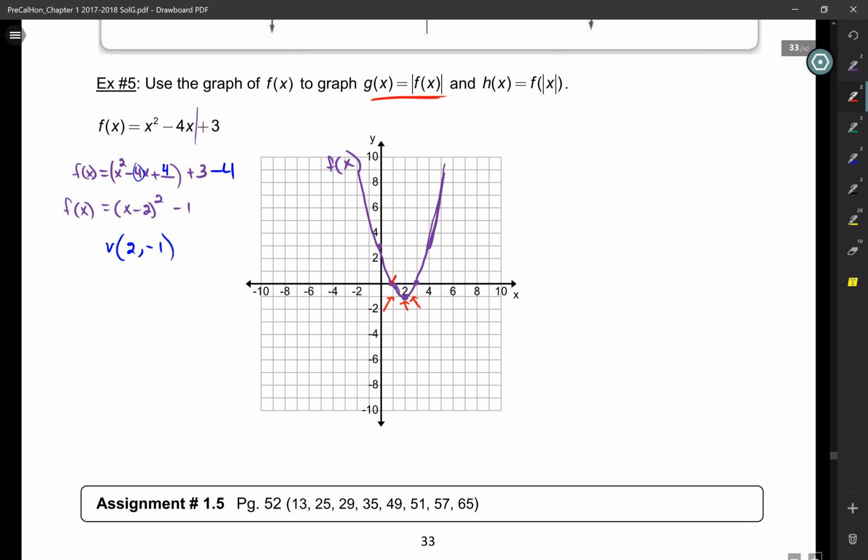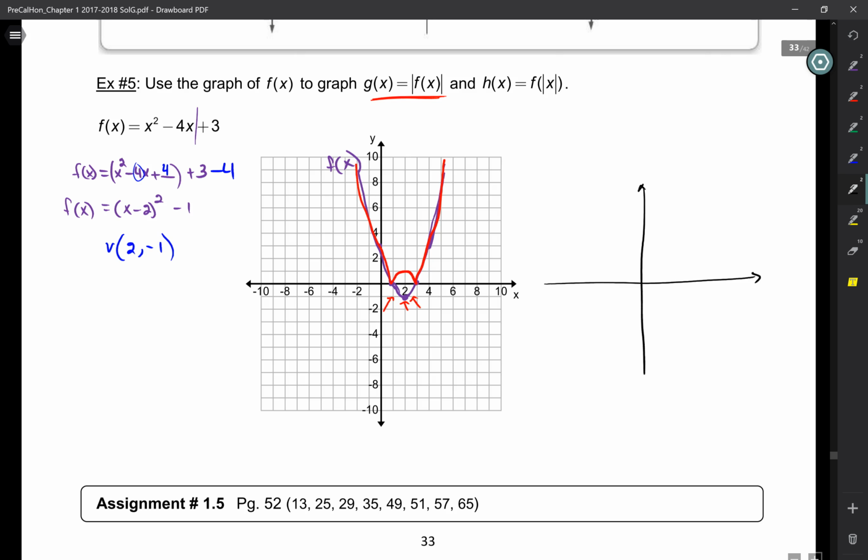So it will look like this. Okay, so that red one is that. I should have given you 2 grids for this.